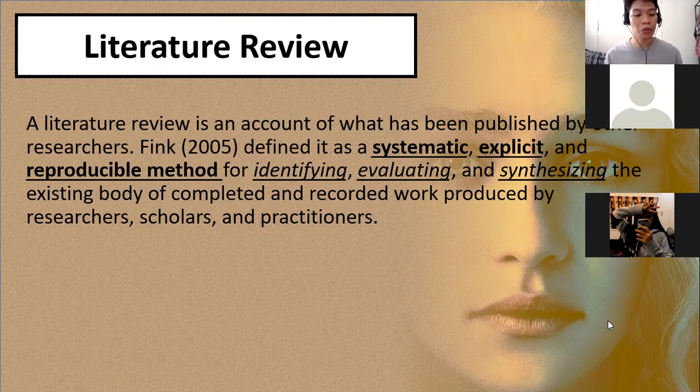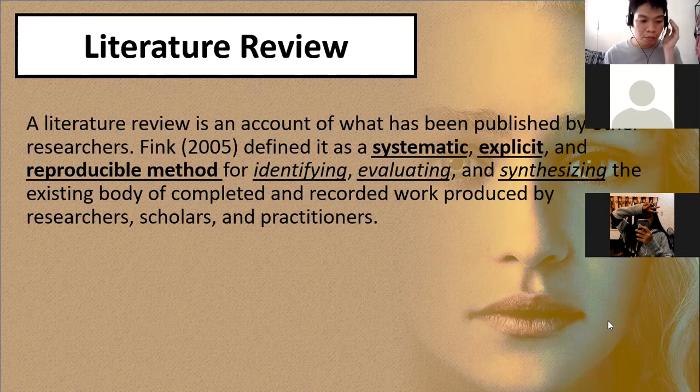So writing literature is not just paraphrasing nor summarizing, but you need to synthesize, which means you need to summarize and make it your own according to your knowledge, the published works of the experts that you have gathered. It means that you need to write what you have understood about the contents of those relevant literature.